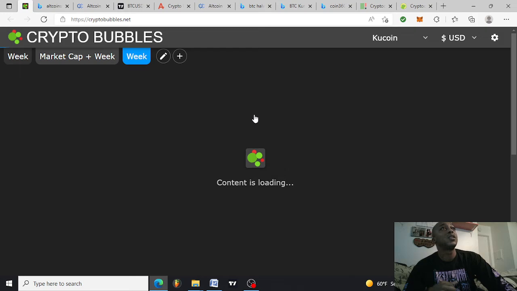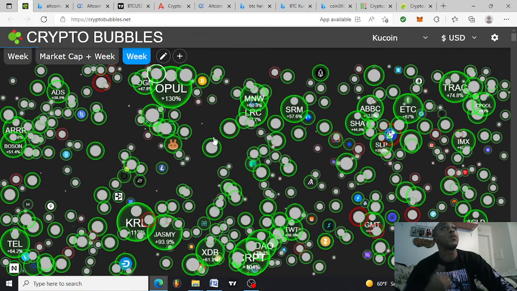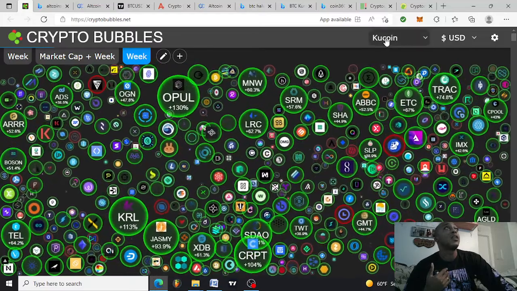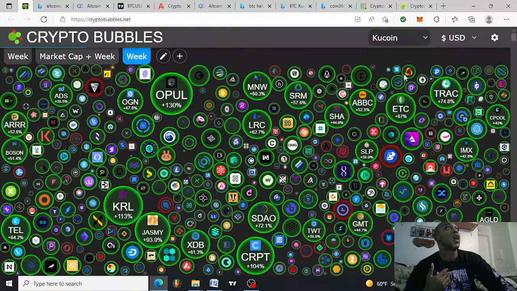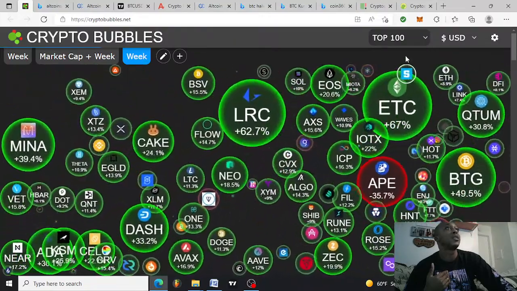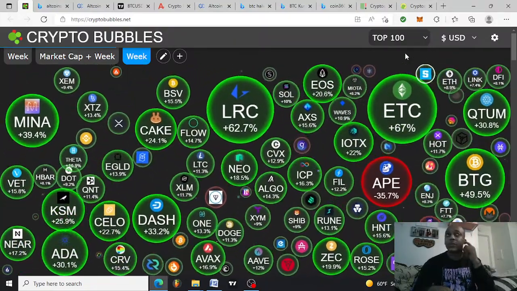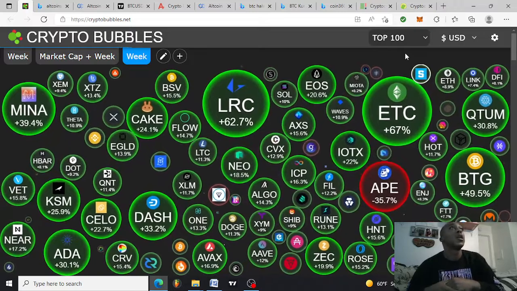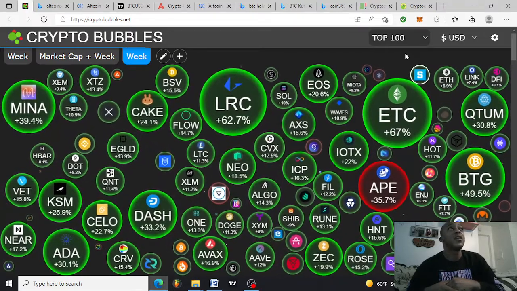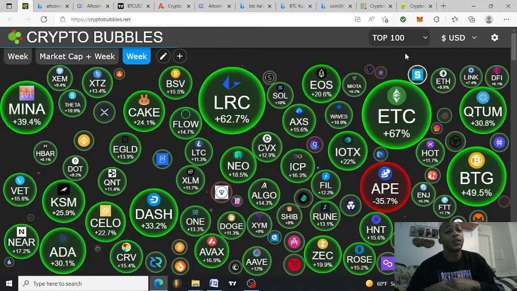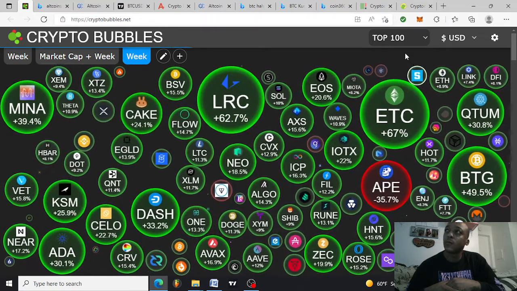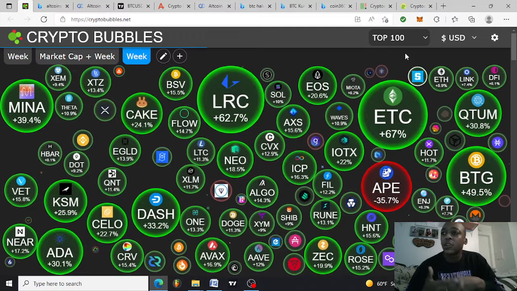And I'm going to leave you with this. cryptobubbles.net, and these are the total coins that are on Qcoin. Let's go to the top 100 coins. Right now LRC is up 62%. And I'm in a trading Discord.